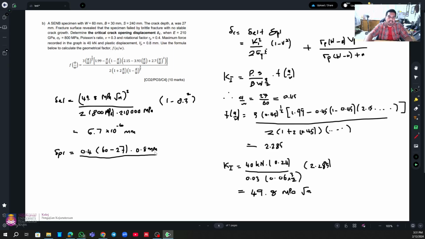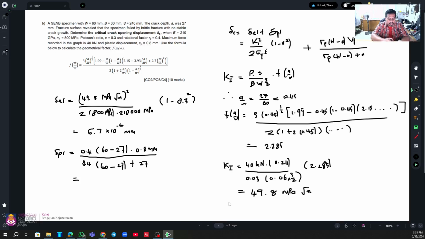Divided by, sorry, the line can be rough like this, is 0.4, and then again just copy the same thing, 60 minus 27. Now you have to plus the A. A means 27 here.